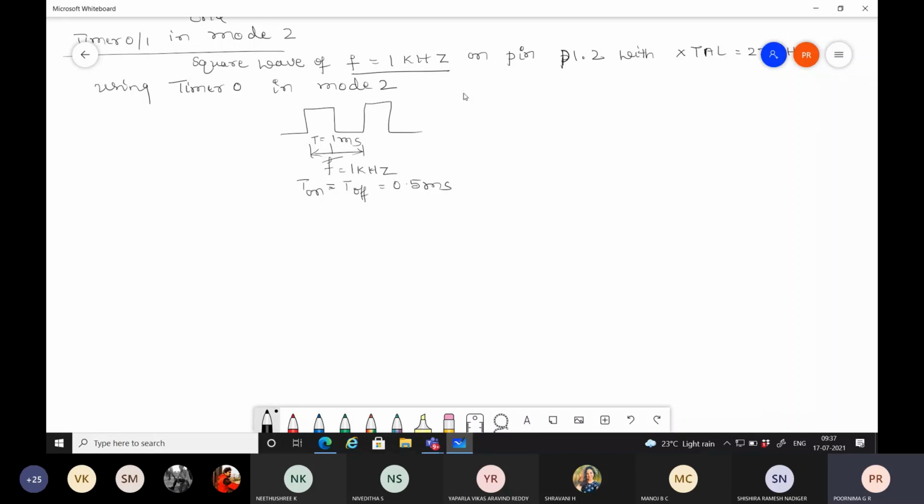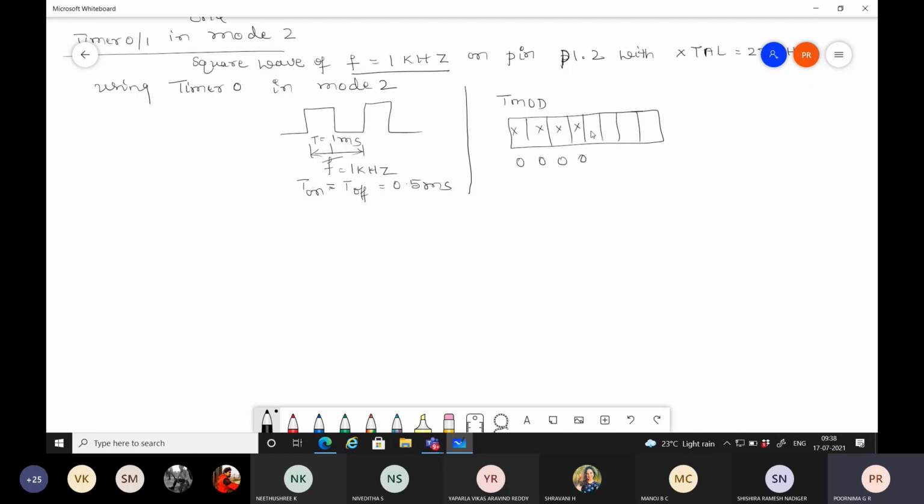Okay, now this is one part of the question analysis, and the other one is TMOD initialization. When you go for TMOD initialization, timer 0 in mode 2 we need to make use of, whereas timer 1 is not in use. So those bits we will be considering as don't care, but usually when we are assigning the value, you will be taking as 00.